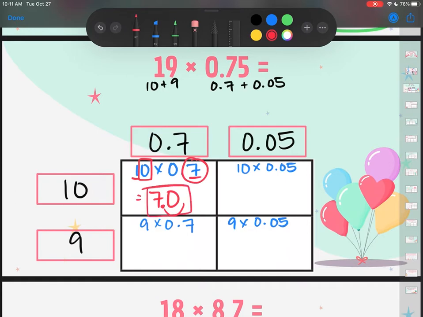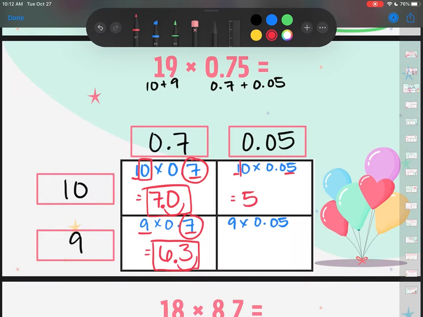So I scooted over 1, and I end up with 7.0 as our answer for 10 times 7/10. Now, same thing for 9 times 7/10. I've got 9 times 7, which is 63. But then I have one number to the right of my 0, so I scoot it over 1 and end up with 6.3.